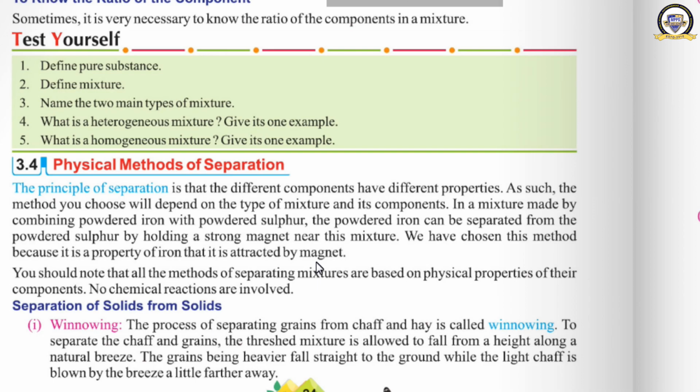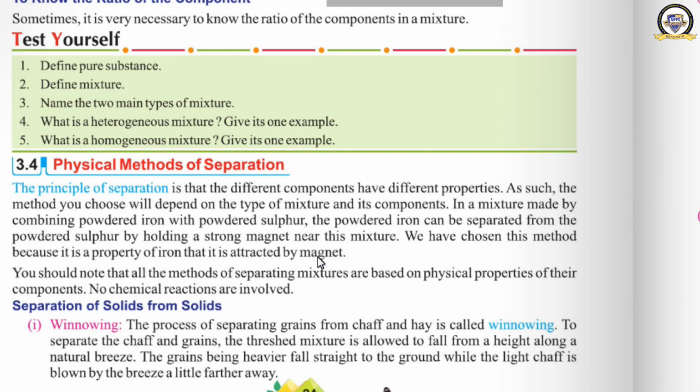Just now I told you that the physical method for separation is completely dependent on the type of mixture used. We are taking iron and powdered sulfur, and we have to separate both. We know that iron has an attracting property, hence we used a magnet.